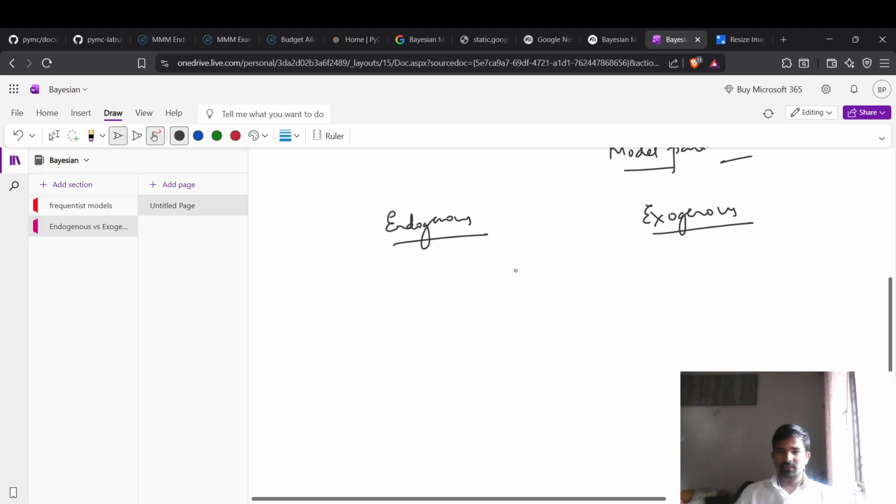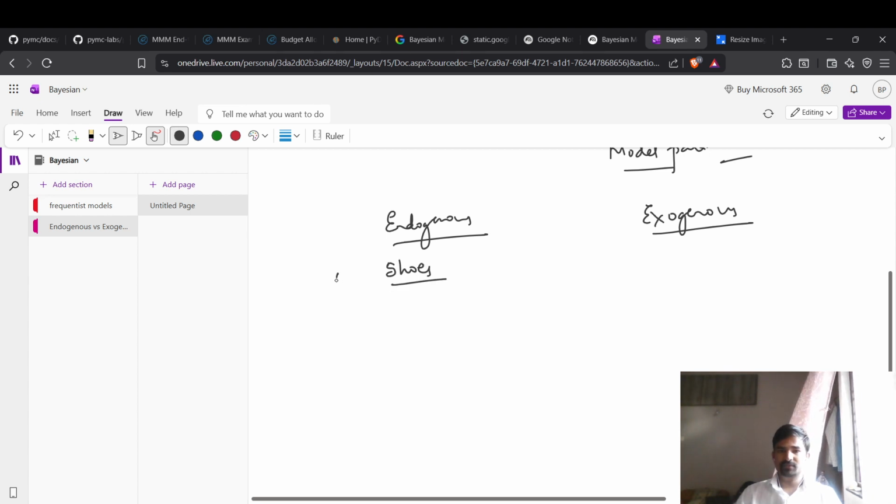So to understand these concepts, let's take a marketing example. Let's say sales of an ice cream, or it could be sales of any product. For the time being, let's say sales of shoes.